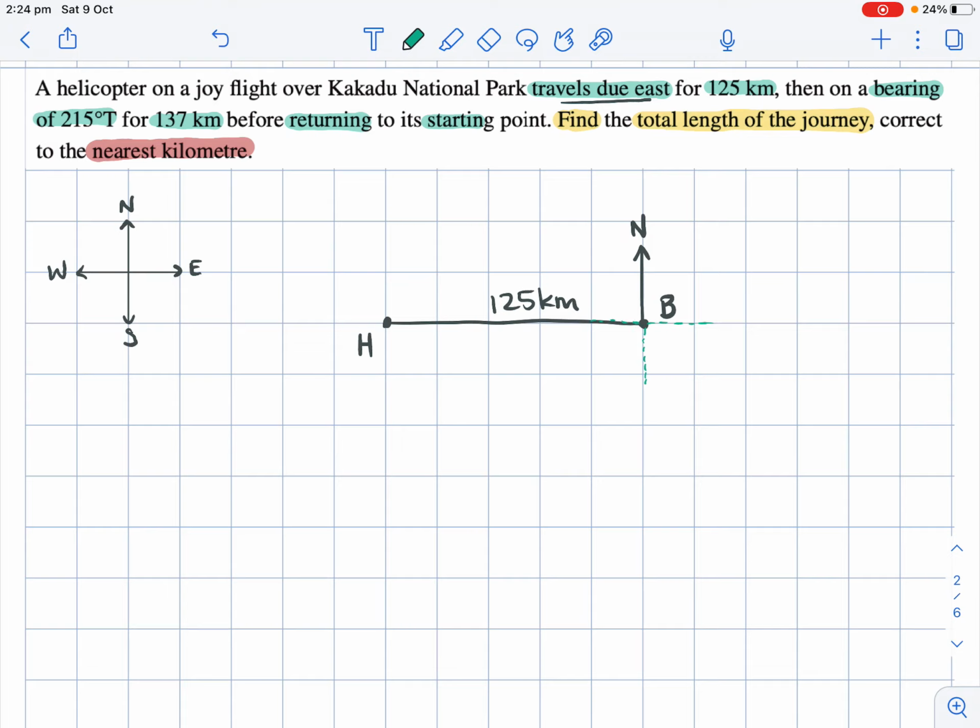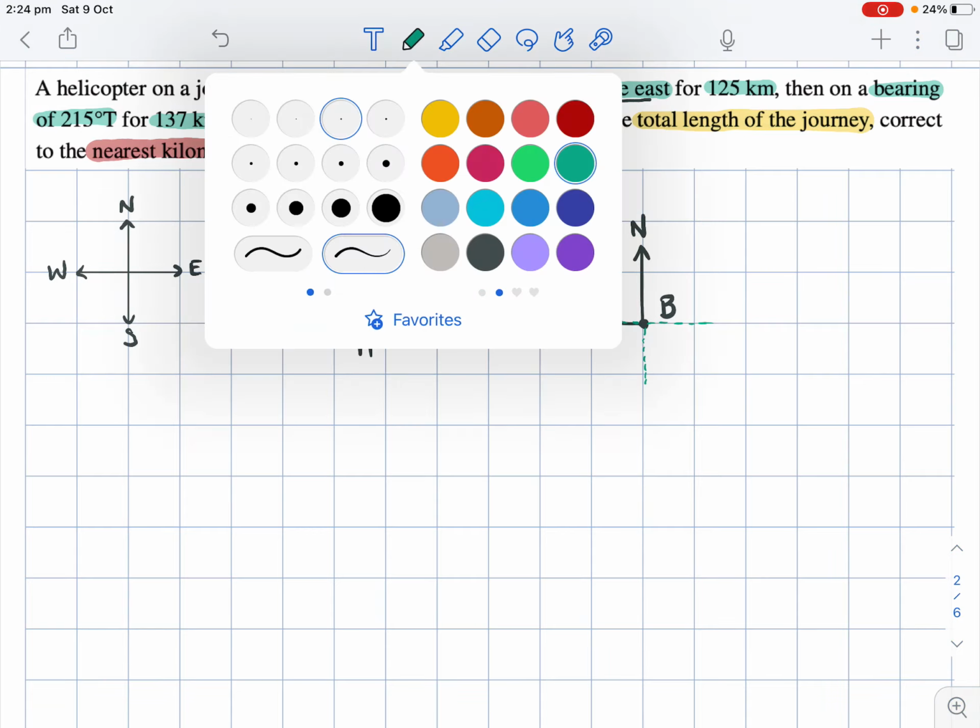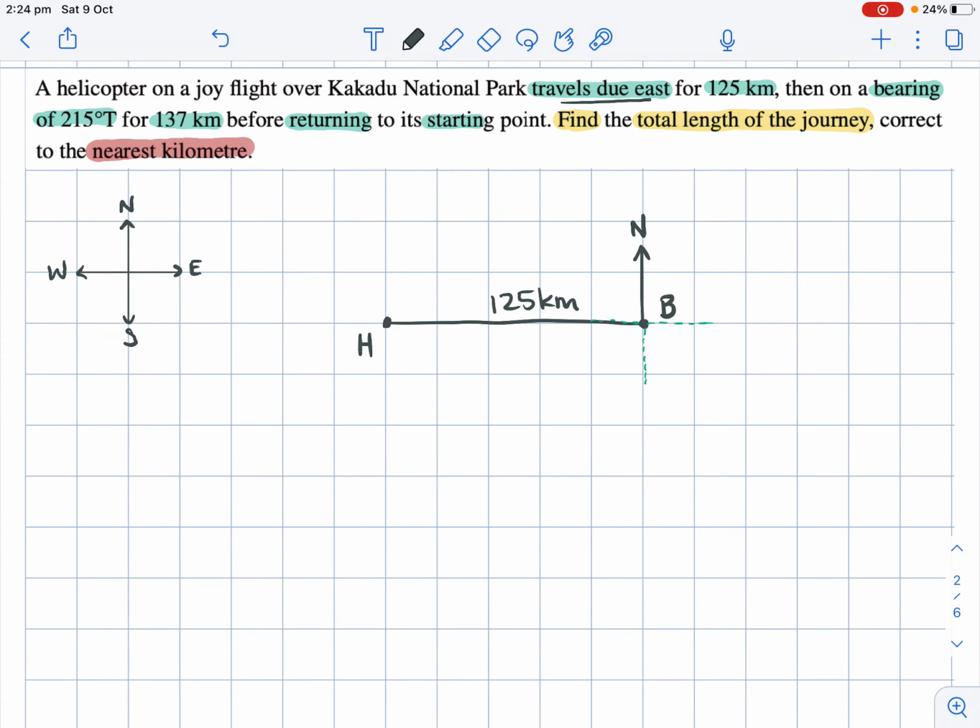If I went this far, three quarters of a turn, I've gone 270 degrees. Now I'm thinking, hang on, I've gone too far. So I know where 270 is, I know where 180 is. So I'm just going to make a line somewhere in between 180 and 270 and call it 215.